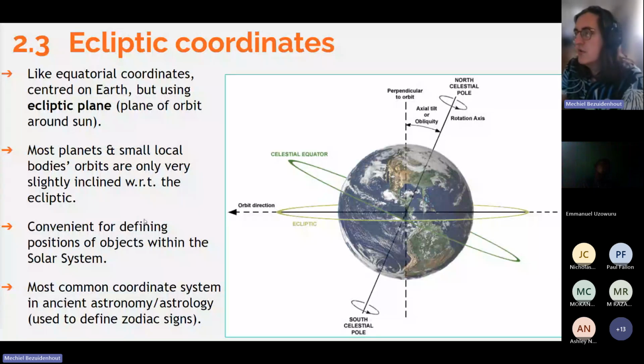But in modern astronomy, as far as I'm aware, they're sometimes used for local objects, if you're doing observations of Mars or Jupiter or something within the solar system. But for the most part, it's not used very often.